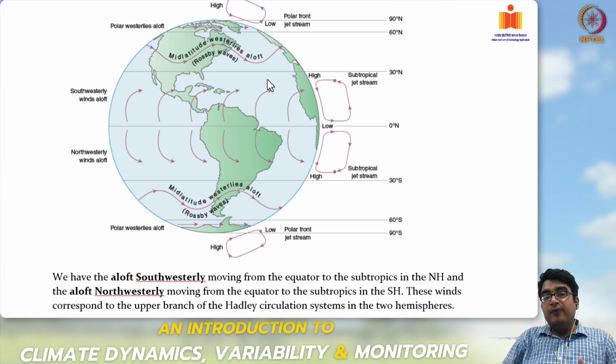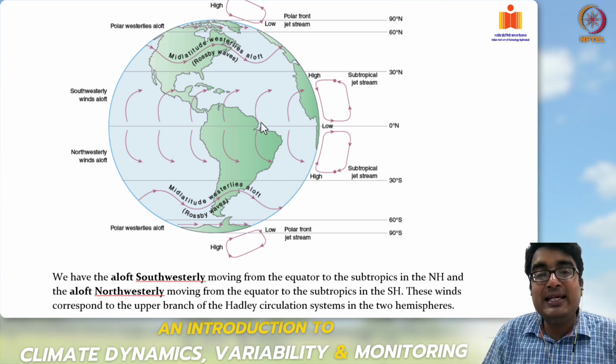So this is the perfect regions where geostrophic balance equations work. And when we did the geostrophic balance equations for the high altitude winds, we saw that the winds will primarily be moving from west to east.